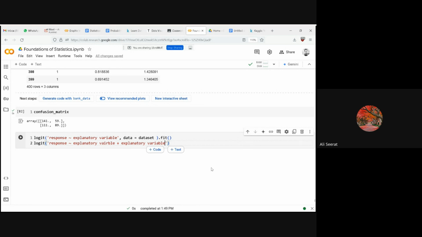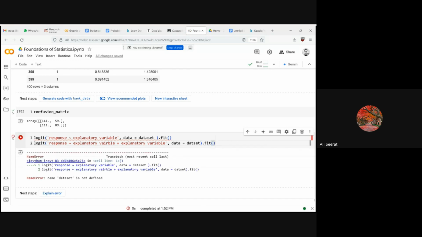So that would be two of them, as we did for the linear regression as well, the same thing. The data will be the data set, and that will be the fitting of the model in that fit. It won't run because there is nothing here.